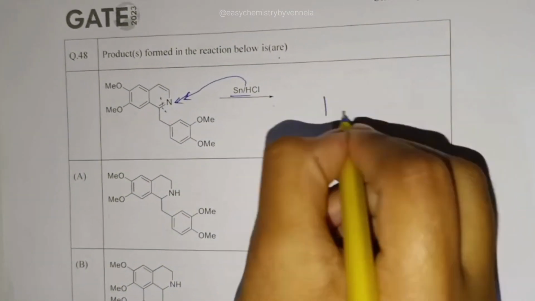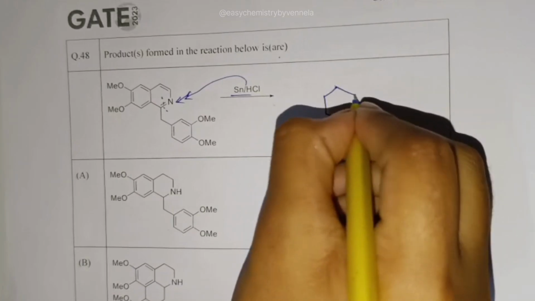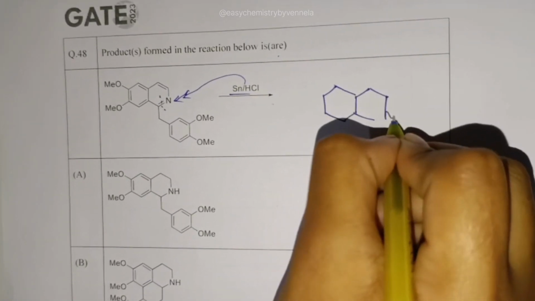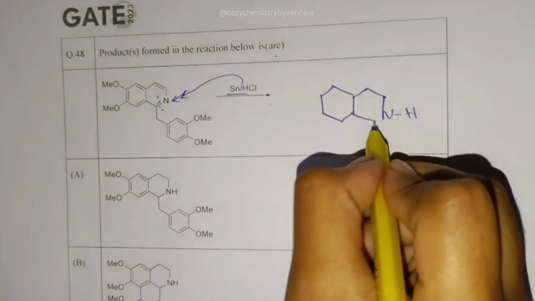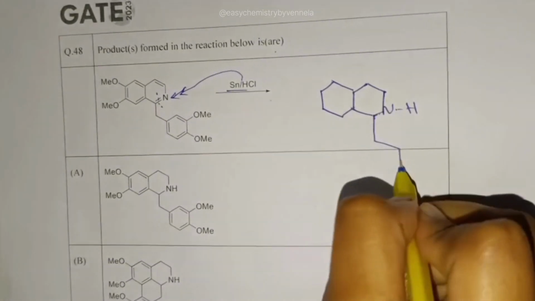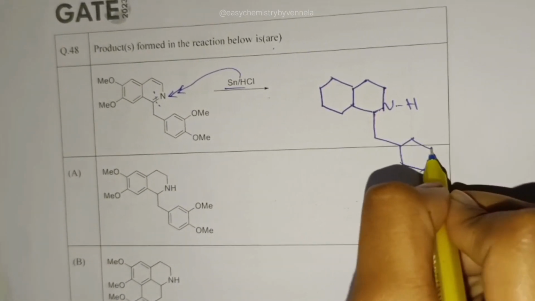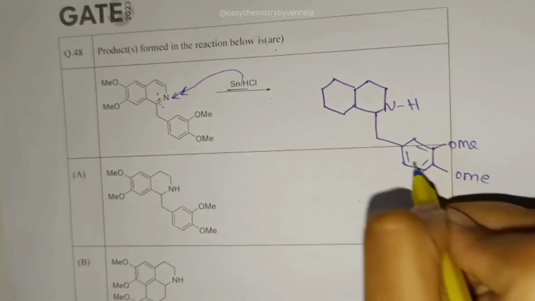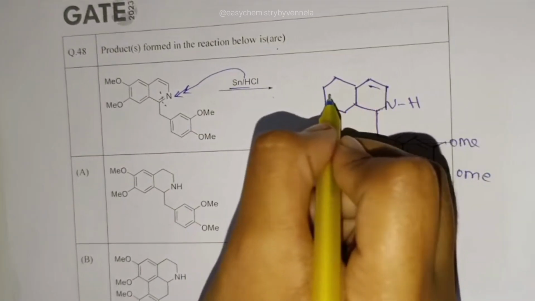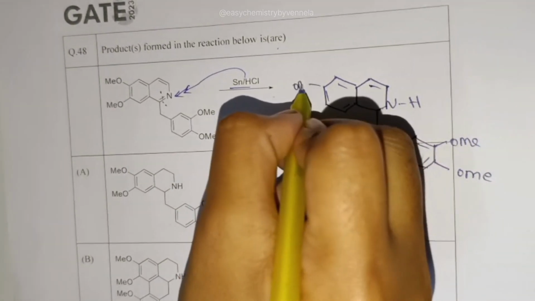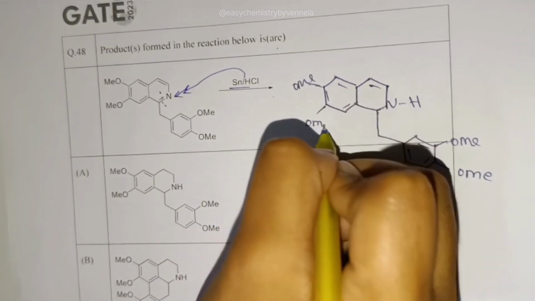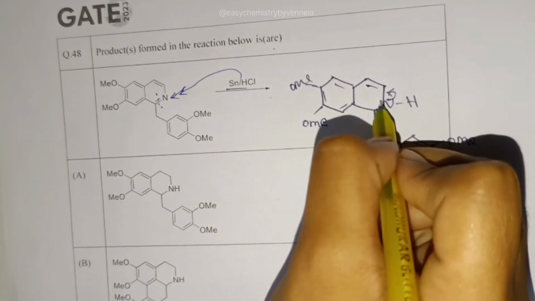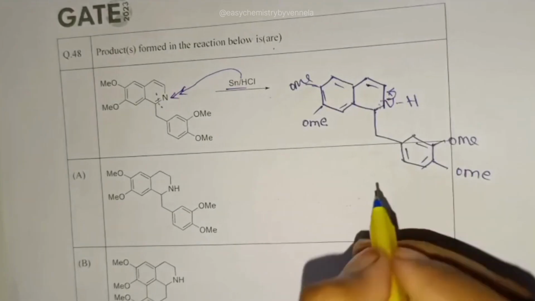So nitrogen and here H. OMe, OMe. After that, this bond migrates here lone pair.